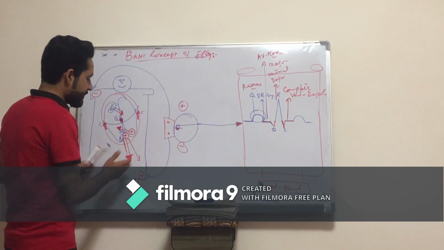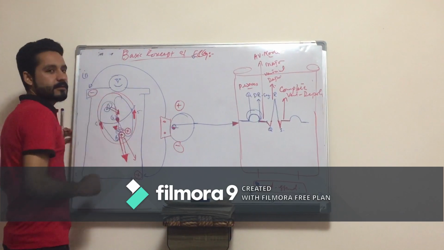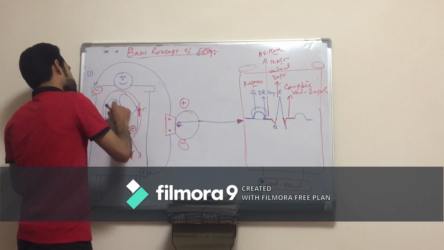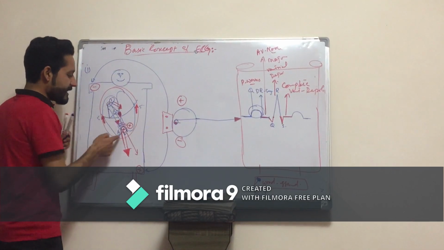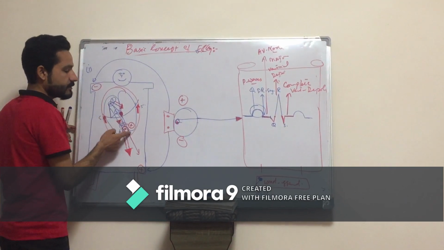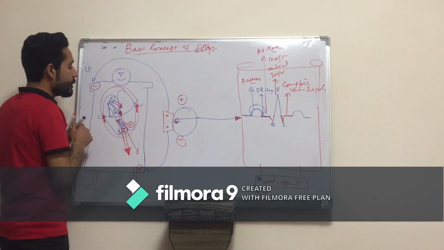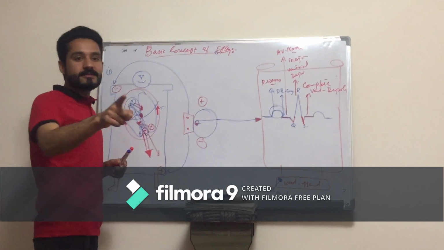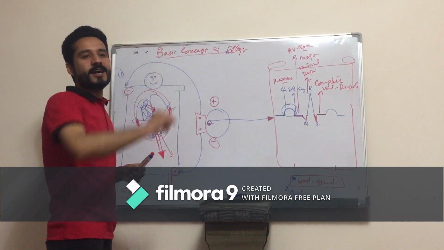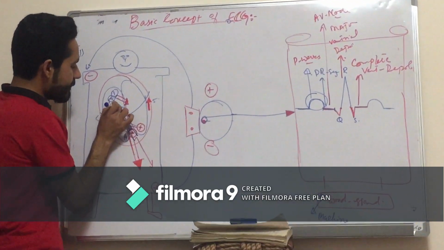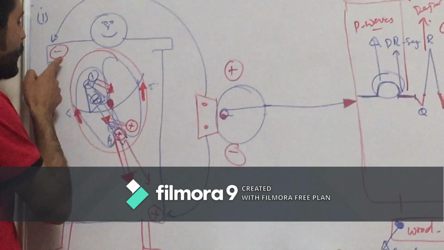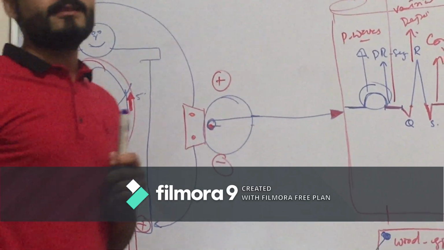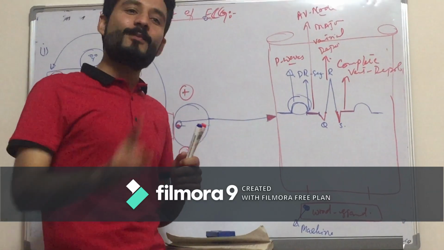So repolarization starts from this point into this. The vector position is towards the negative. So we can say positive charge. No. This is repolarization, so negative charge will be greater. We can say this is negative. So the negative moves towards the negative. The deflection will be positive.